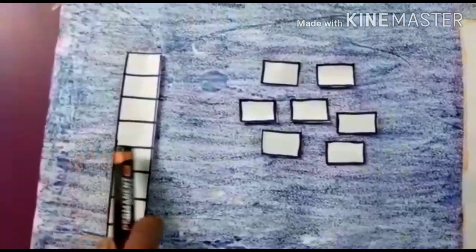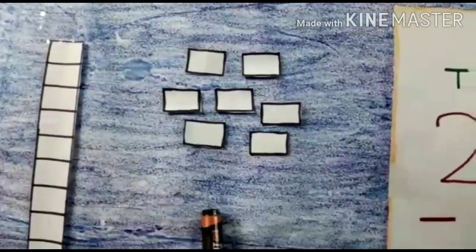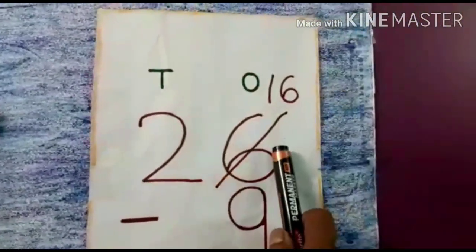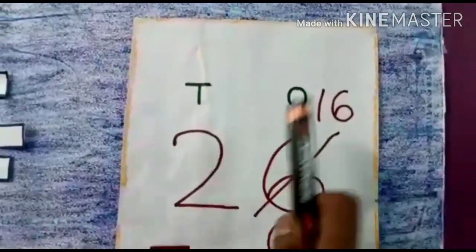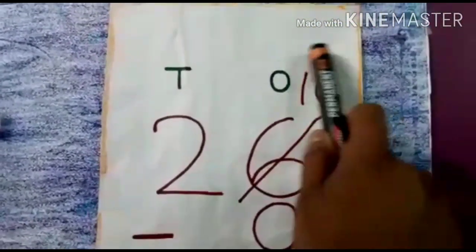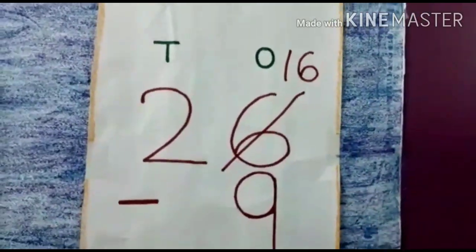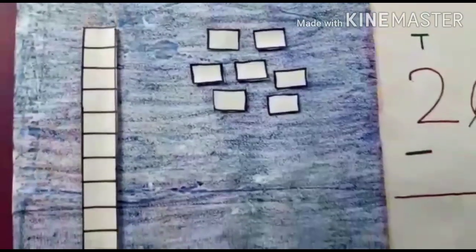Because from here to tens I have borrowed 1 ten. I have borrowed 1 ten to the ones place. That is, 1 ten means 10. 10 plus 6 has made 16. So what do I have to do here? I have only 1 ten remaining here.